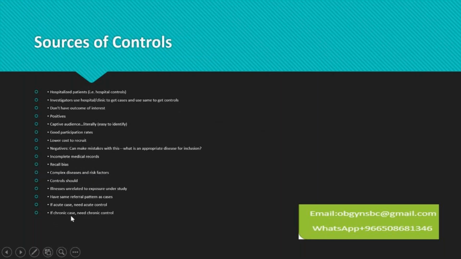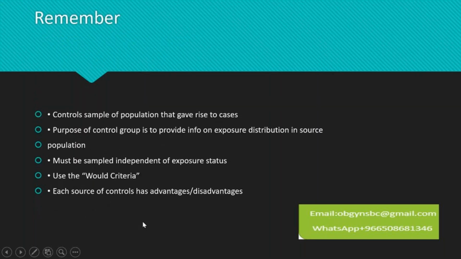If we have chronic cases, like you are looking at the diabetic population, then you should compare them with people who are in the same age group. They have the same demographic features, but they have not developed diabetes. So you would want to match them at the root level.